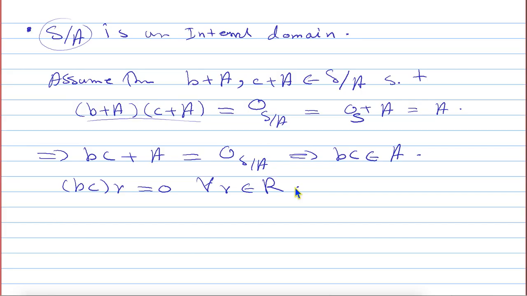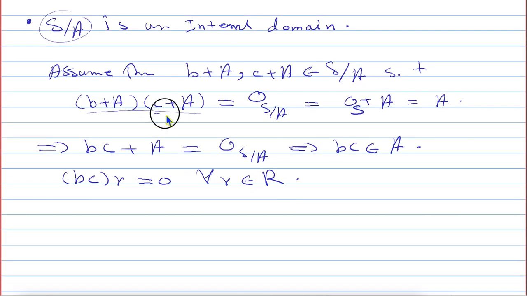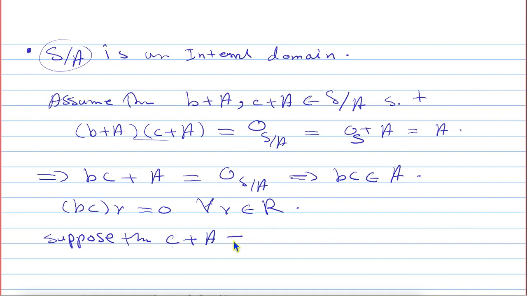Now, let's assume that this element is not 0. So suppose that C plus A does not equal 0 plus A. This is the 0 element of the quotient ring S mod A, okay?